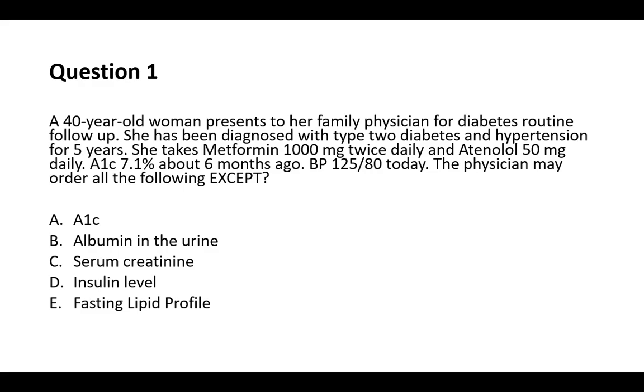They always come together. Polycystic ovarian syndrome, all this. So you want to check the A1C because she's due for A1C. You want to check the albumin in the urine because we want to screen for nephropathy, and also serum creatinine.